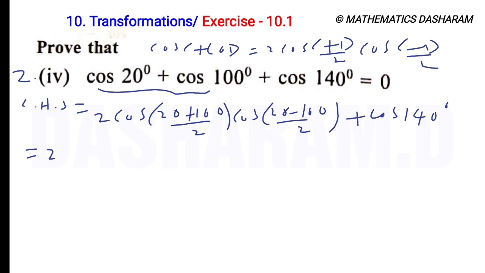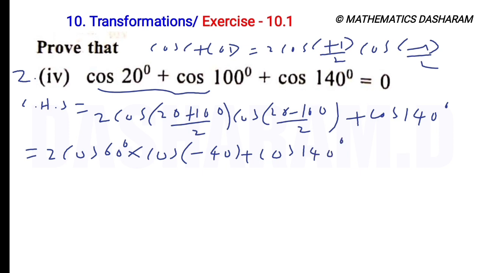Now 120 by 2 is 60 degrees, into cos of 20 minus 100, which is minus 80, by 2, minus 40 degrees, plus cos 140 degrees. So 2 into cos 60 is 1 by 2, and cos minus theta is cos theta. So then cos 40 plus cos 140 degrees.